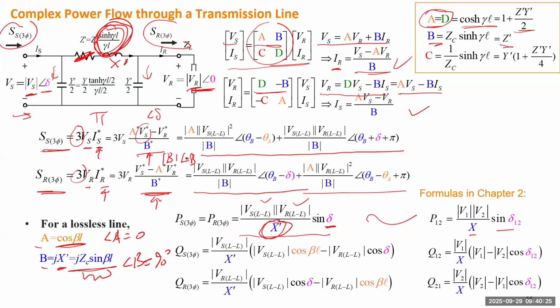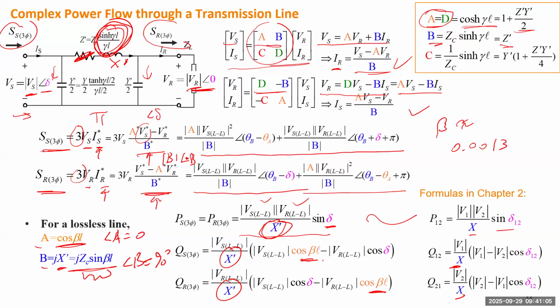For reactive power, we make more corrections. First, we definitely need to correct the actual reactance into X'. We also need to add those two factors there, cosine βL. Beta is actually the imaginary part of gamma, and L is the distance. Beta, we know, is around 0.0013 for any line, roughly this value or very close to it.